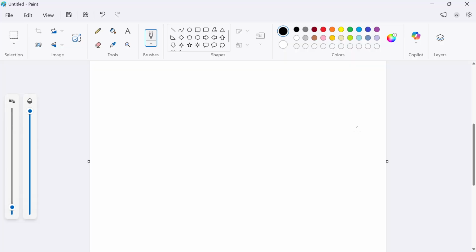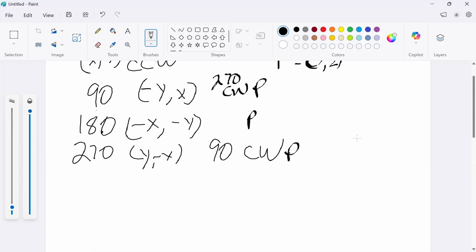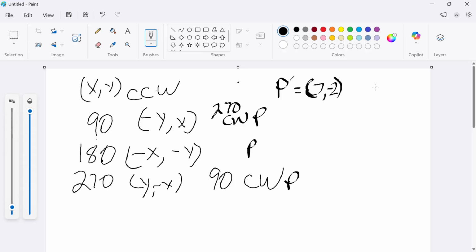Hold on, I'm going to make a little bit more room here. So to get to point P, if it said, here's P prime, the rotation of P, 7, negative 2, what was the original point P after a 90-degree rotation? Well, I have to turn negative y, x back to x, y.